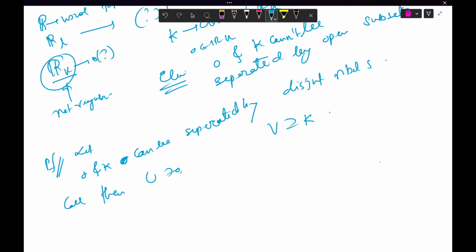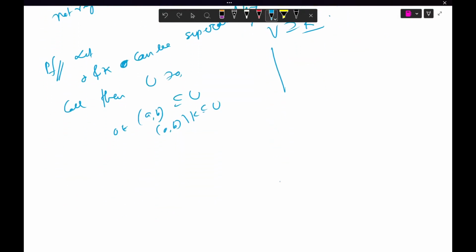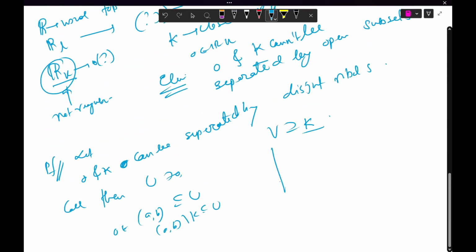Now observe something. So we'll have a base element like this contained in U, or the base element should look like this contained in U. But for the V, yeah, okay, so forget about this first. Now we have already assumed that the neighborhoods are disjoint, so the intersection is equal to empty.